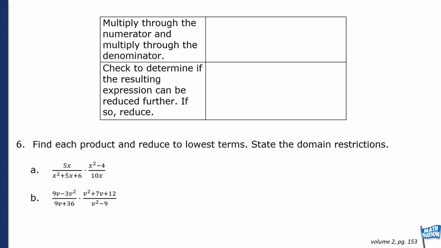Okay, that was step 5. This would be step 6. Let's multiply through the numerator and multiply through the denominator. So my numerator only had x minus 3, but my denominator had 8 parentheses x minus 8. So multiply that out, we get 8x minus 64. So now to check to determine if the resulting expression can be reduced further, if so, reduce it.